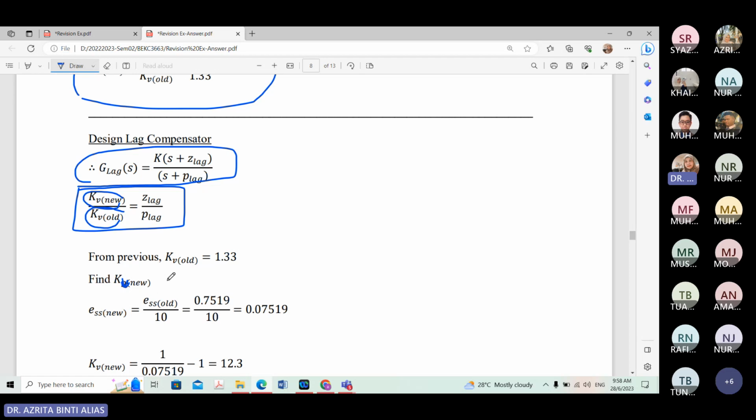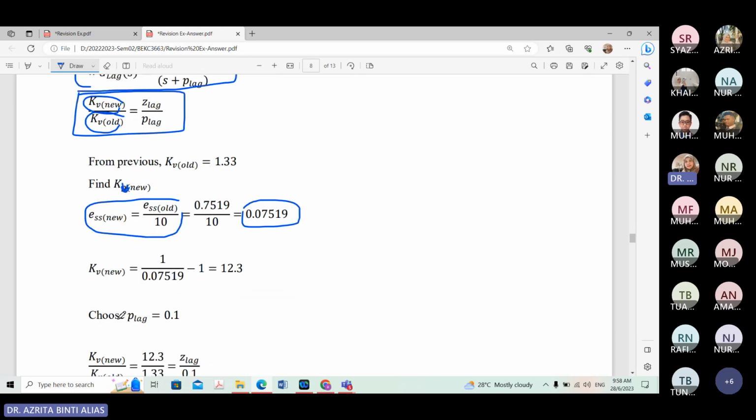So KV new is always based on the design requirement. So this is our design requirement. After that we obtain the ESS new. Since we know the relationship between the ESS and the KV, of course we can find the value of KV new. Is there a mistake?